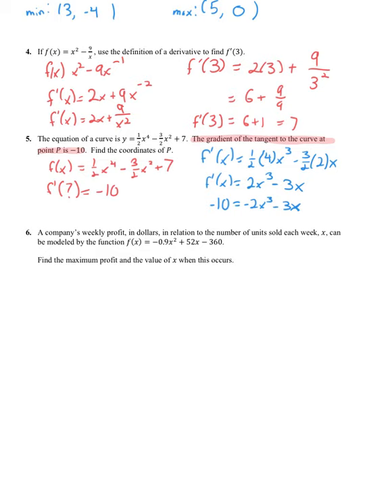The other way we could do it is we could just graph the derivative. So I'm going to graph 2x cubed. Oops, I said negative 2x cubed there on accident. That's a mistake. Graph 2x cubed minus 3x. So I'm going to do that first.